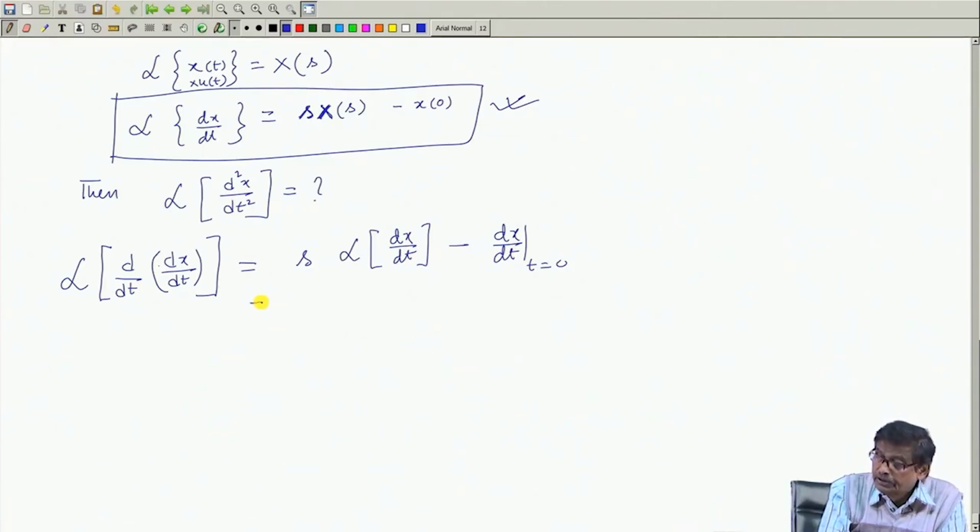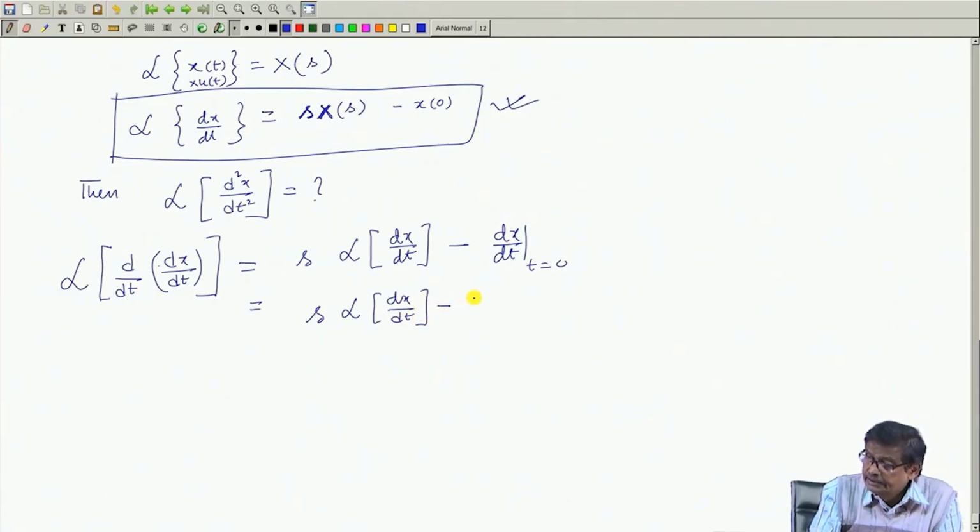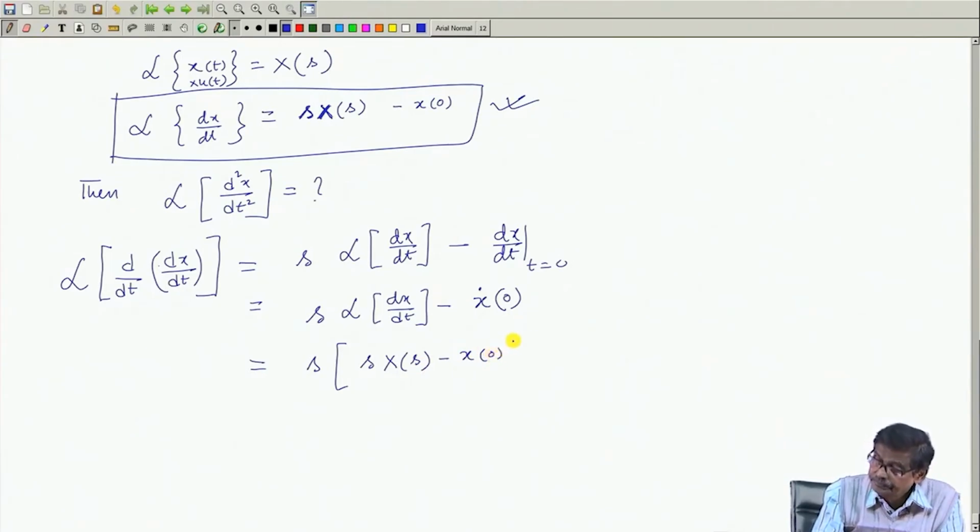So, in short I can write this as the Laplace transform of dx/dt minus, in short I will write it as x dot at t equal to 0, x dot meaning dx/dt. Then s into the Laplace transform of dx/dt will be how much? s into X(s) minus x(0), and then minus this x dot(0).